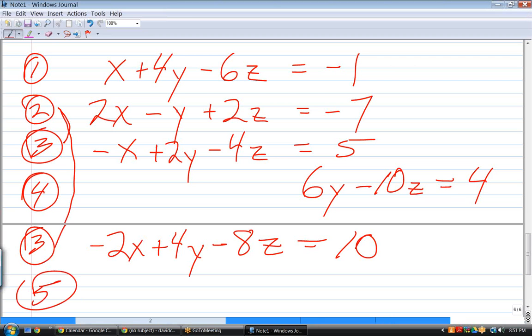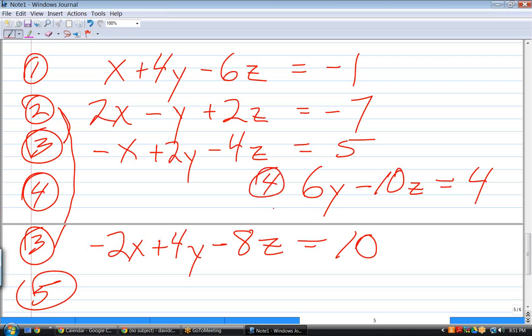All right, then it's going to be 2x minus y plus 2z equals -7. So then it would just be 3y. Oh, got it.